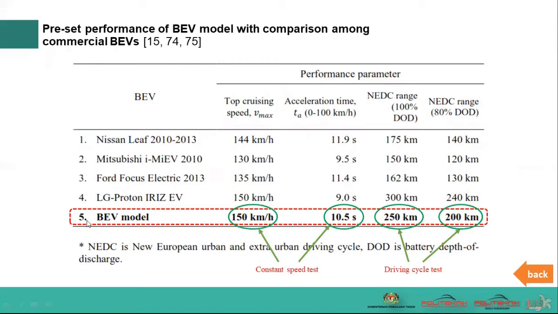So the BEV model is the Number 5 BEV model, and we compare it with other commercial BEV, whereby we decided the performance parameters: top cruising speed is 150 km per hour, acceleration time is 10.5, and the range is 250 km for 100% DOD, depth of discharge, and 200 km for 80%.